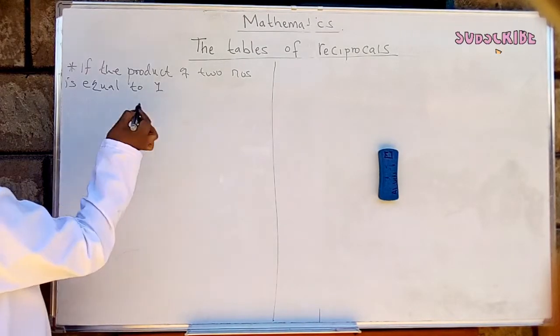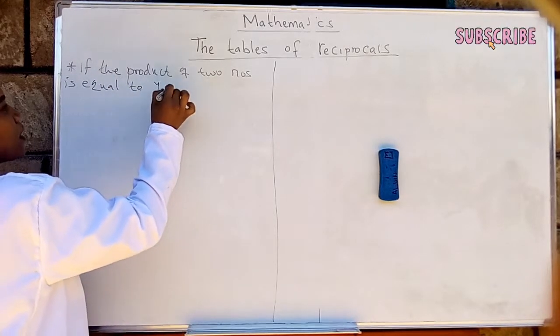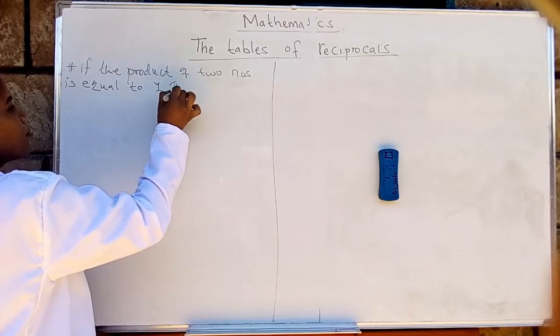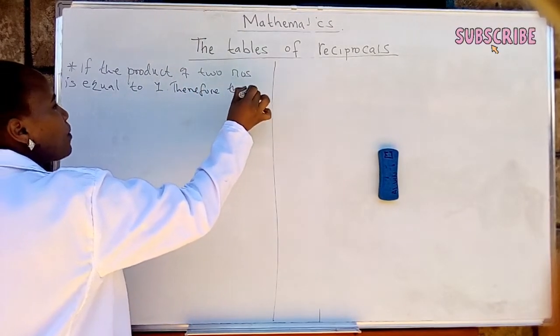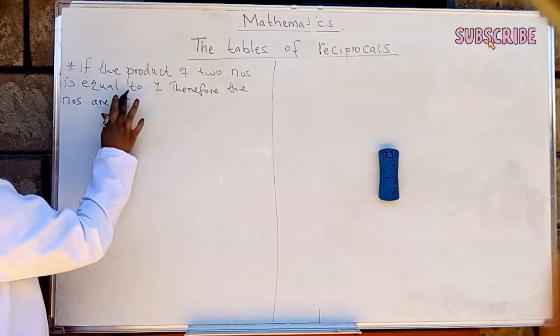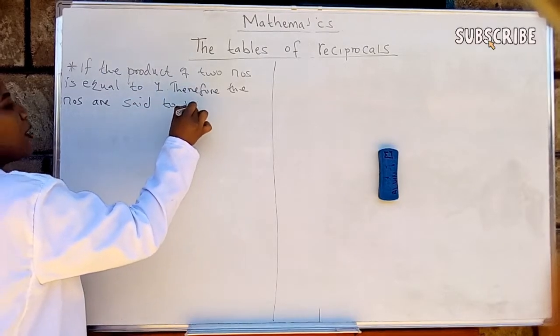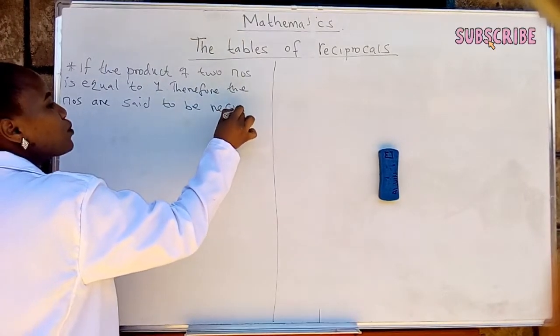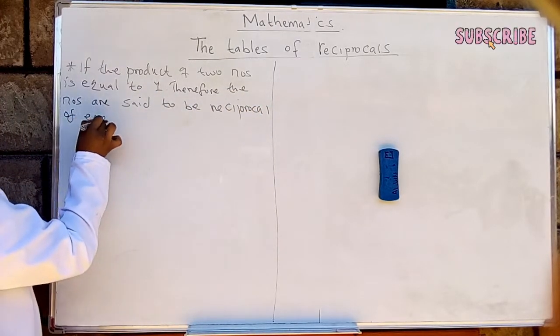For example, if the product equals 1, therefore the numbers are said to be reciprocal of each other.